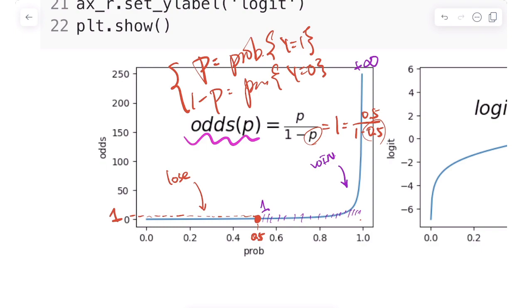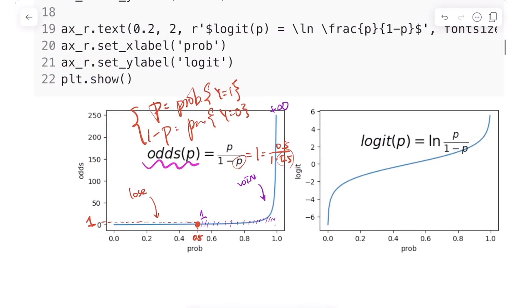So this figure looks very strange, even though it is just a simple function of p. So most of the time when we use odds to represent winning or losing, using the odds value directly is strange. So usually we use the log value, or the log of odds.